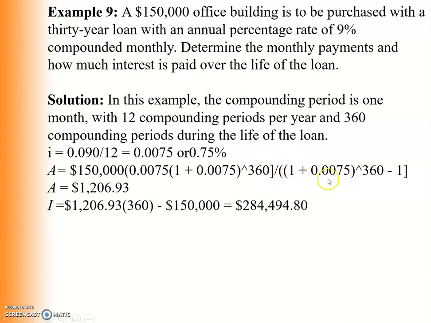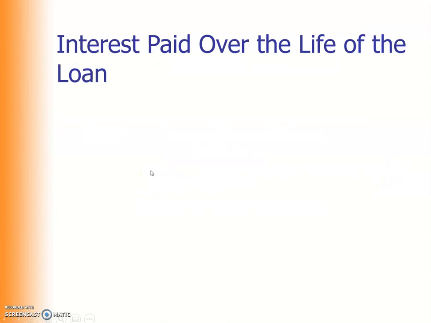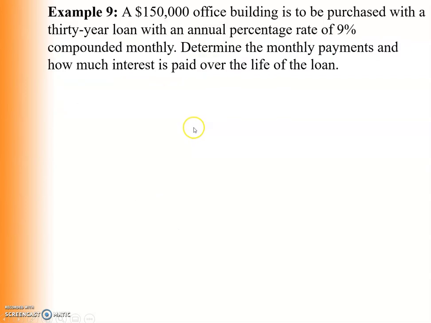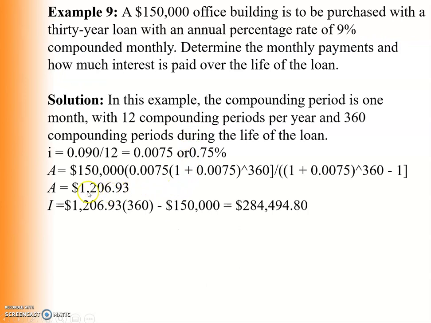Then divided by 1.0075 to the power 360 minus 1. You can see this is the same formula described over here, i times (1 plus i) to the power n, over (1 plus i) to the power n minus 1. Using that formula, you can calculate the monthly payment.